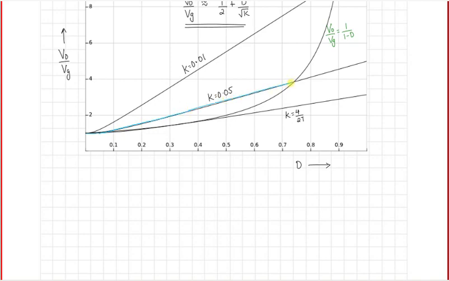And then at this point it again so happens that the output voltage will come back to continuous conduction mode and move along this line, right?